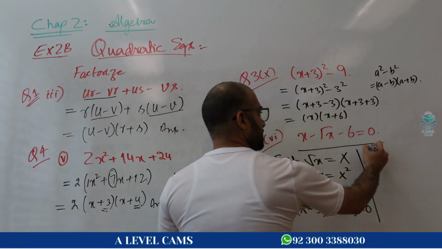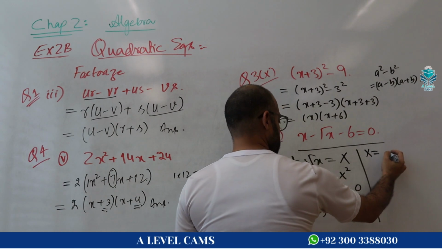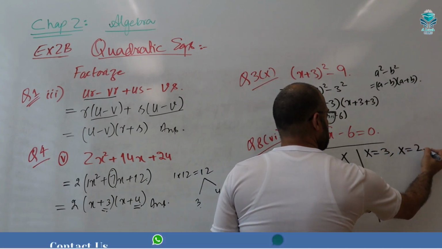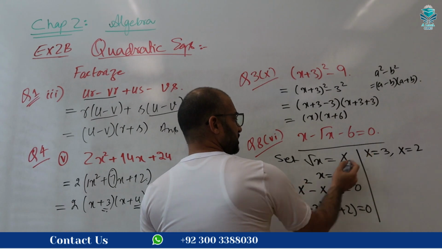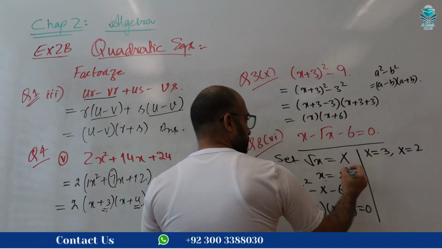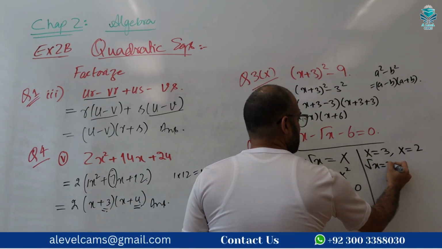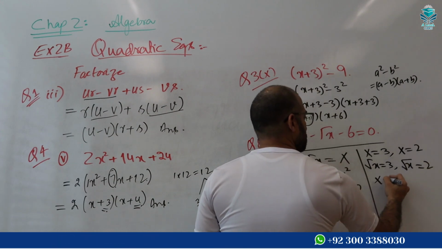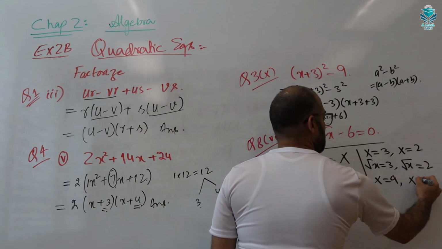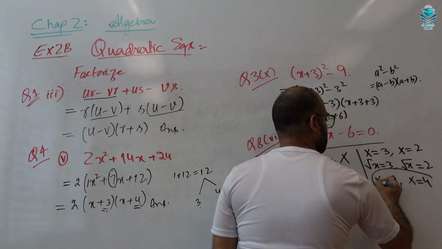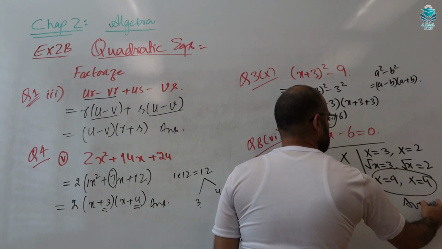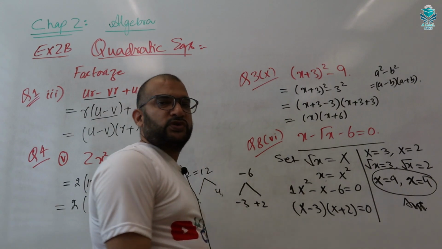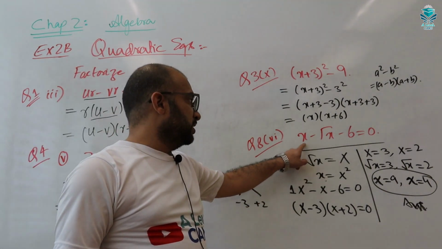So dear students, here we have two possibilities, X equal 3 and X equal 2, where X is equal to the square root of x, which is 3 and the square root of x is 2. So x is 9 or x is 4. These are the two possibilities and this is your answer. For both of these small x values your equation will be satisfied.